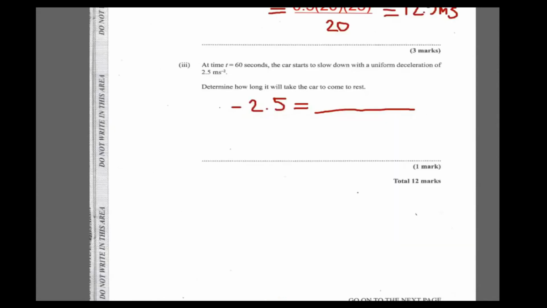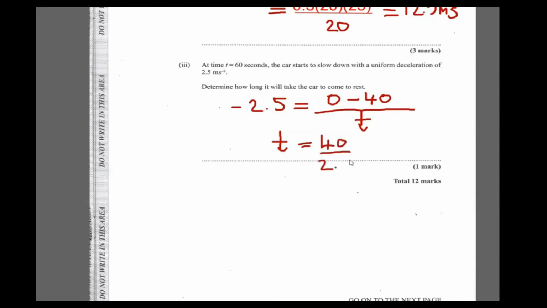So the deceleration is from v, the final velocity, which will be 0, minus u, the initial velocity being 40, over time t. Then transpose to make t the subject. So t is equal to 40 over 2.5, and that will tell you how long before the car comes to rest.